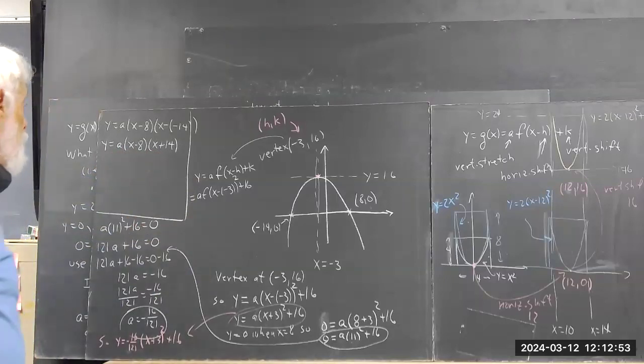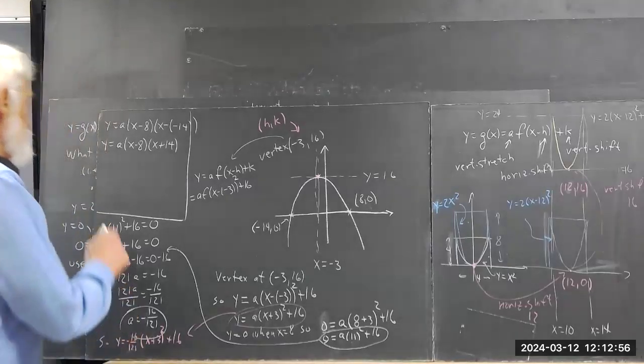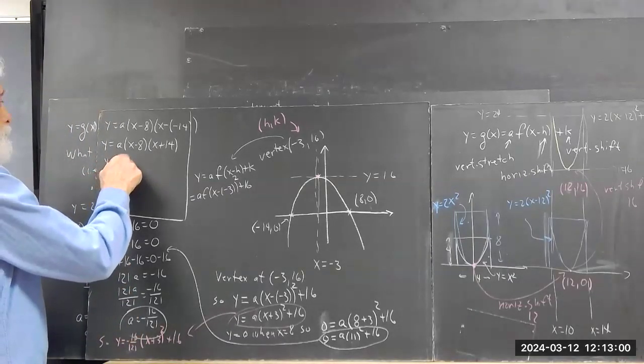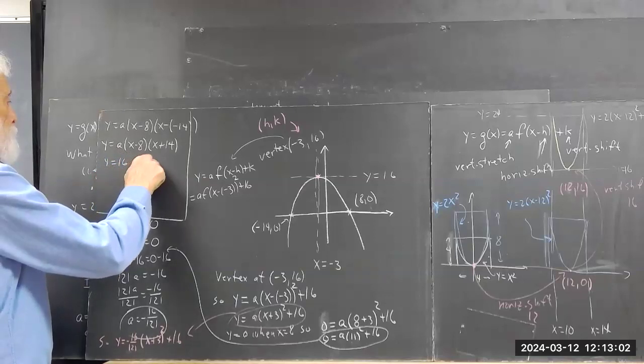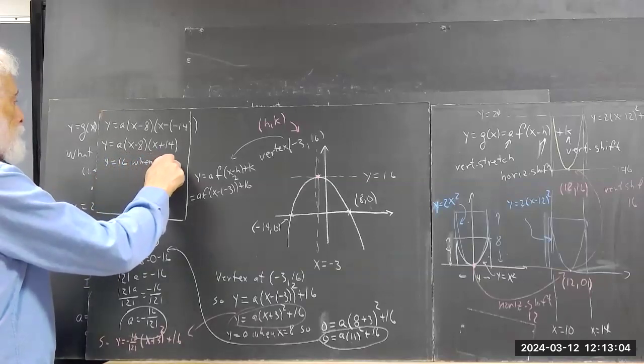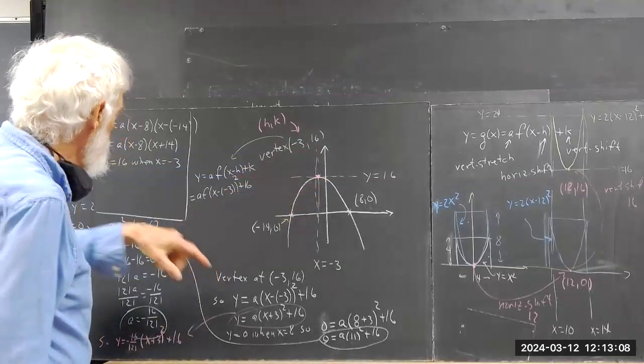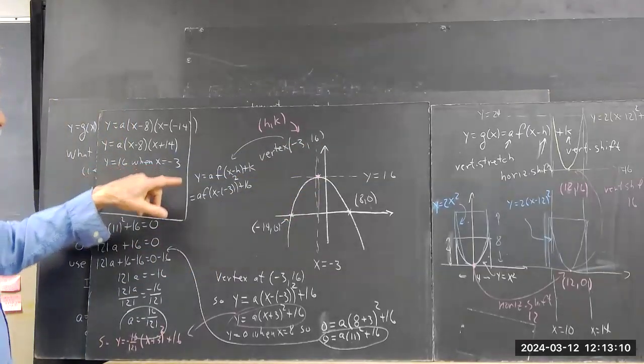All right. Then, because the vertex is at negative 3, 16, y equals 16 when x equals negative 3.